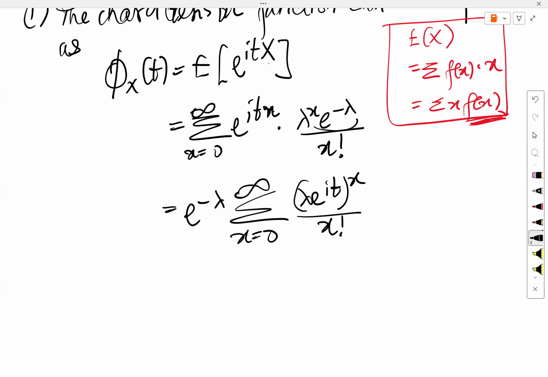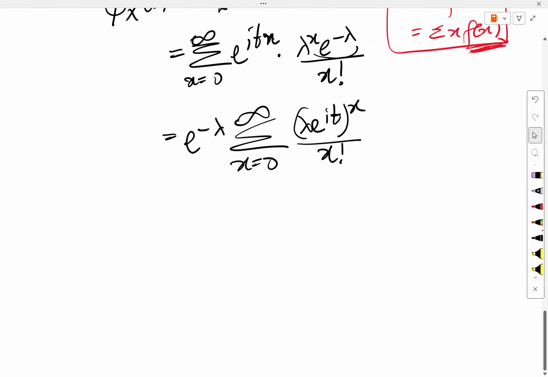Now, if you try to expand this, you have e raised to minus lambda times, when x is 0, all this is raised to power 0, and then we have 0 factorial, which is basically 1. When x is 1, you have lambda e raised to the power it, and 1 factorial is also 1.